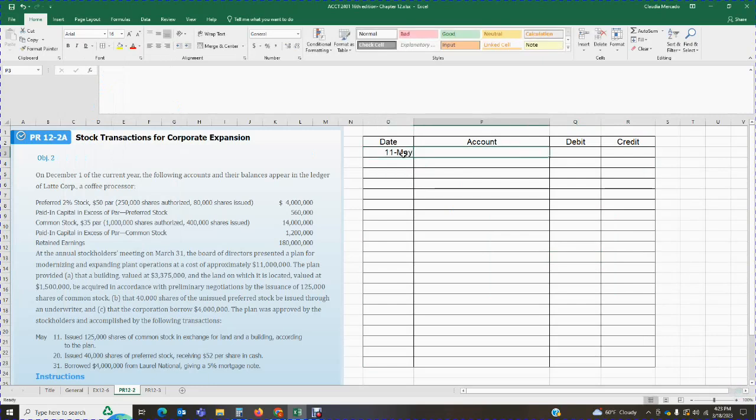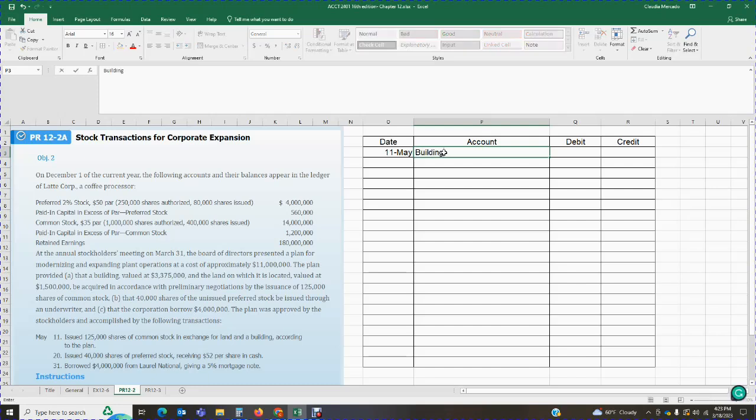Okay, so what happened on May the 11th? Okay, it says that we issued 125,000 shares of common stock in exchange for land and building according to the plan. So what did Lat Corporation receive? Well, with this particular transaction, they have acquired a building and land. Okay, so what did we receive?